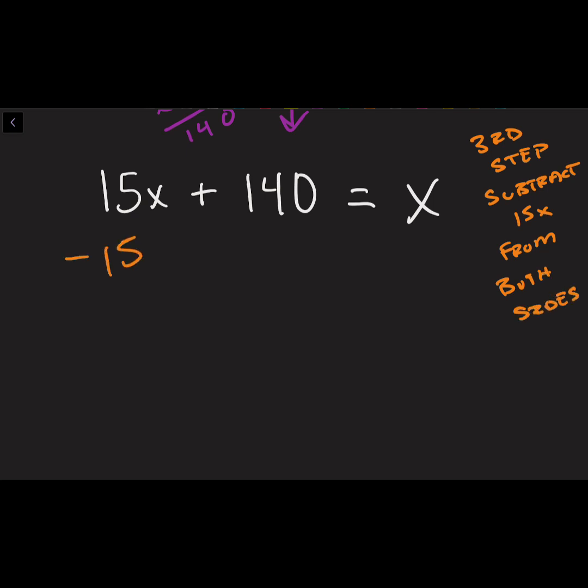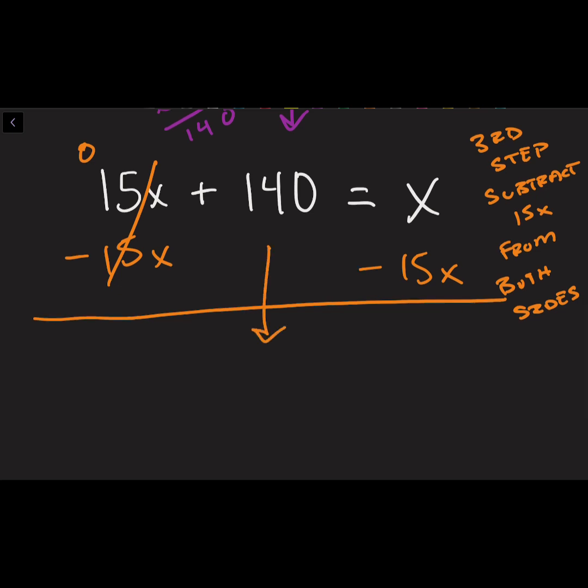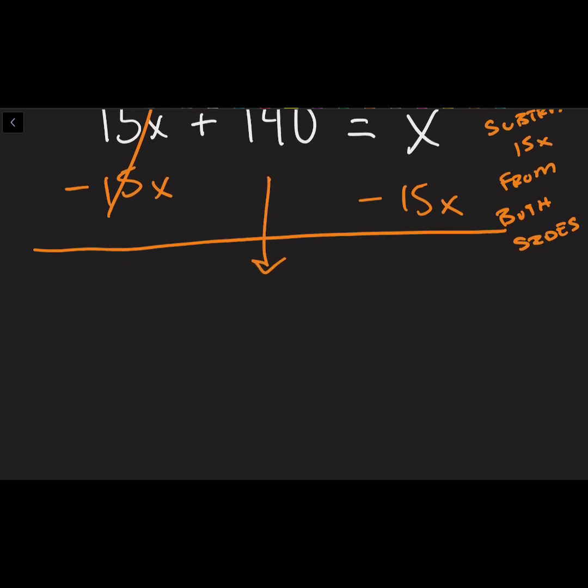We subtract 15x from this side, then we subtract 15x from this side. Go ahead and draw a line. That's gonna cancel out, give us 0. Bring that 140 down. So now we got 140 equals x minus 15x. It's basically 1x minus 15x, which gives us a negative 14x, all right?